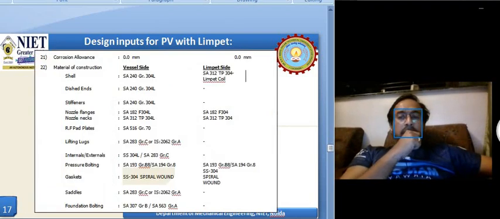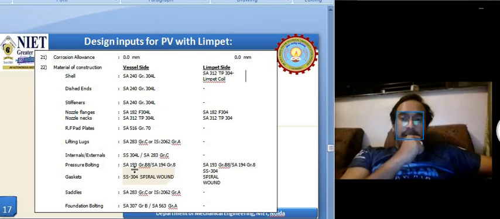It is like another part, that is nothing but the material which we are going to select. So you can see on both the sides the material is almost carbon steel. Sorry, the material is stainless steel. So SA 240 grade 304L stands for stainless steel, and all the material for the shell, design, stiffeners, nozzles, flanges, reinforcement pads, lifting lugs, external and internal bolting and gasket.